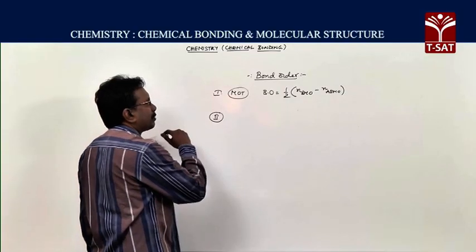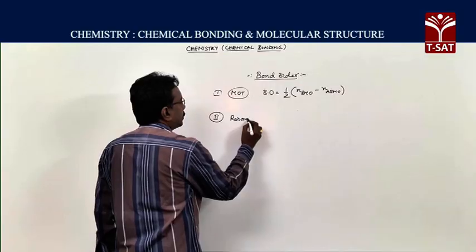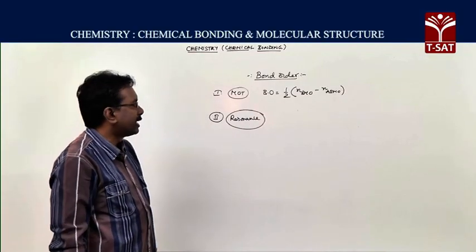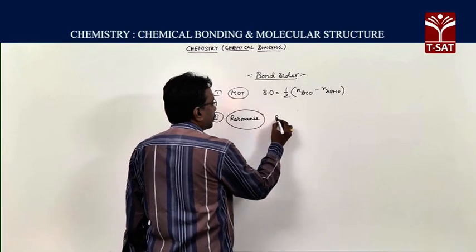And one more method I am giving here for molecules having resonance structures. If molecules or ions have resonating structures, then we can find out bond order.